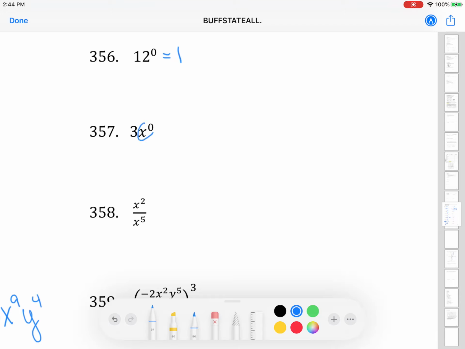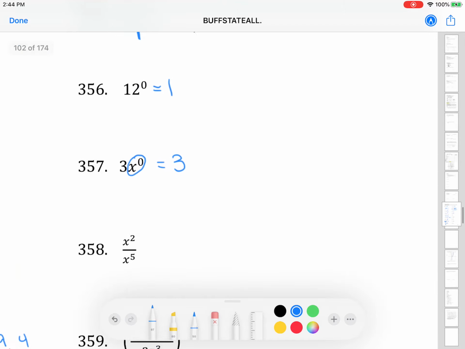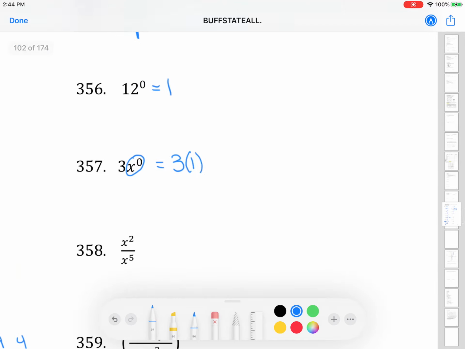The whole thing is not being raised to the 0 power, just the x is, because there is no parentheses there. So just like that one we did 2 examples ago where the 3 wasn't part of it, I just bring the 3 over. And then x to the 0 power is 1. So your overall answer for this one is 3.